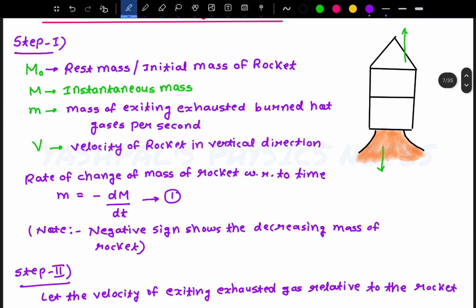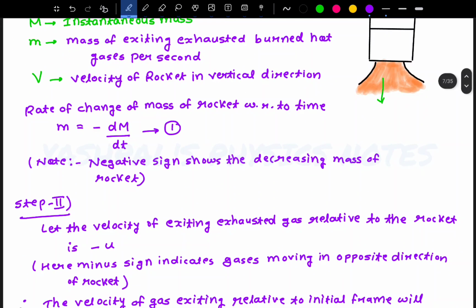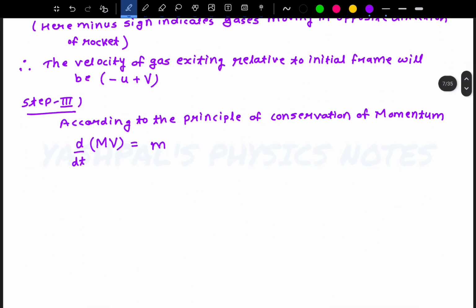What is small m? Small m is the mass of exiting exhausted burned hot gases per second into the relative velocity. What was relative velocity? Minus u plus capital V. And here there is one term we are writing capital Mg, where capital Mg is downward pull of rocket due to the gravity.